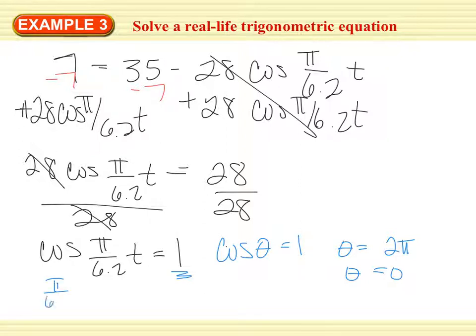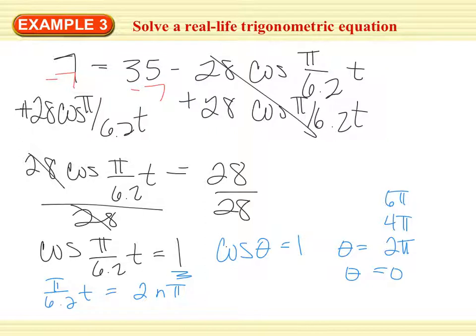Pi over 6.2 t equals 2 pi. And that's 2 pi, 4 pi, 6 pi, etc. So remember, we have to take into account the infinite numbers of 2 pi.